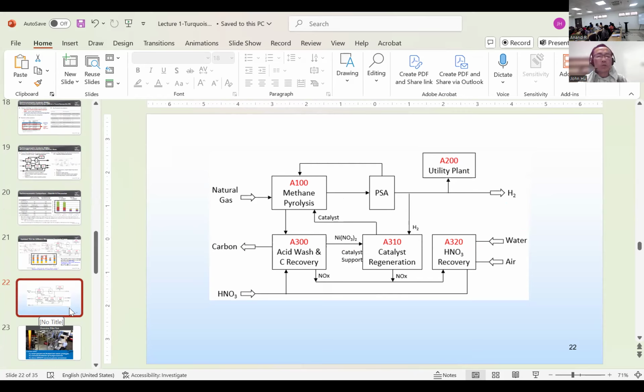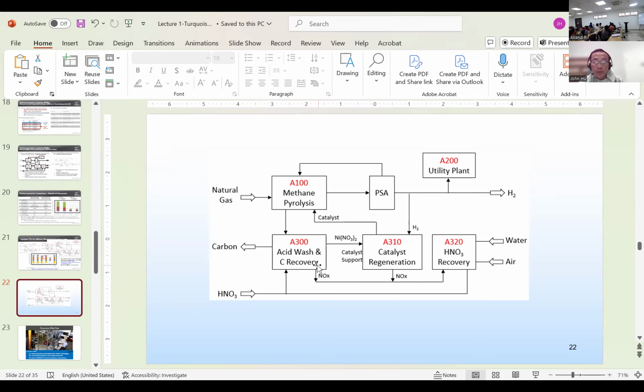Oh, you can do the acid wash forever, because you do the acid wash and then carbon recovery, and the only thing is you have to treat the acid. Do you see that the acid is nitric acid? Nitric acid we have to recover. So there's a catalyst regeneration. In the process, after the metal wash, the strength of the nitric acid diminishes.